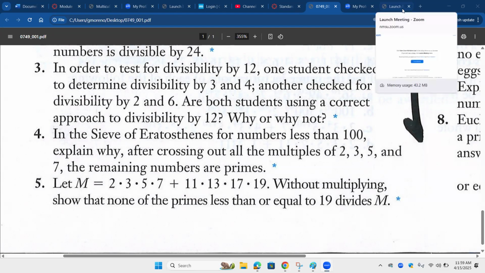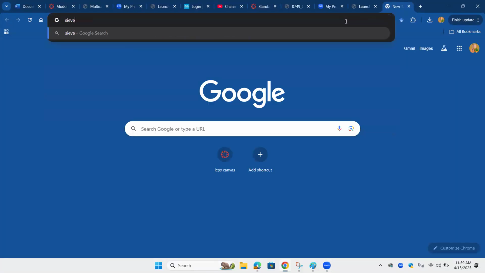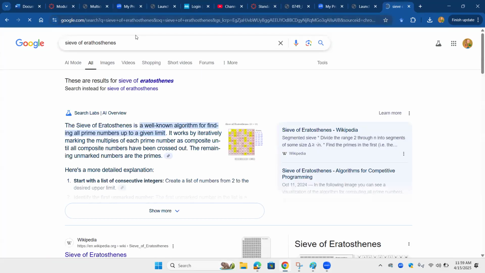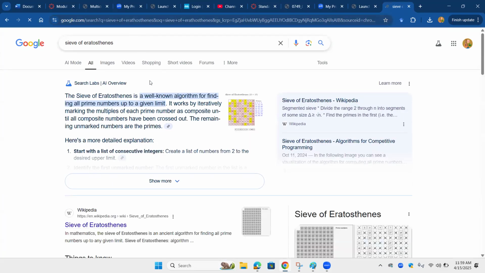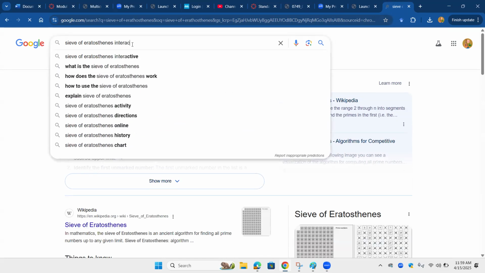Okay, so let's look up the sieve of Eratosthenes. The good thing is I can misspell it and the computer's still going to find it. Let's look at an interactive one.